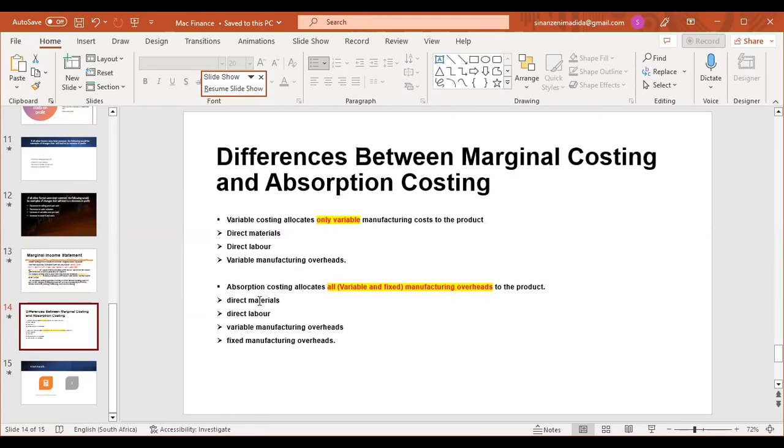We put our direct material, direct labor and variable manufacturing overhead, which are variable, then we have got fixed manufacturing overheads. I will show you how we are going to be using this, but for absorption costing, we are just showing you this, we are not going to be using it.